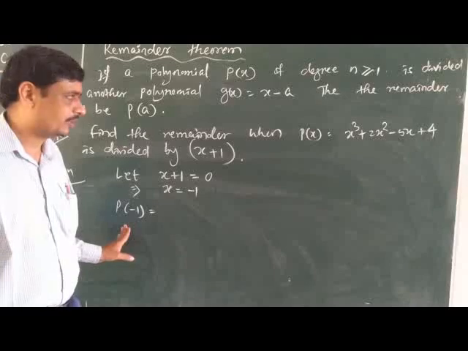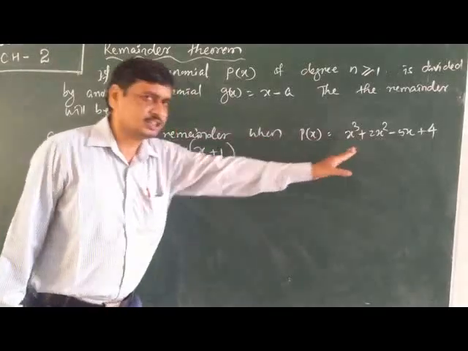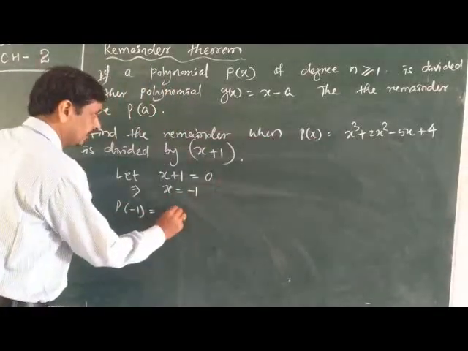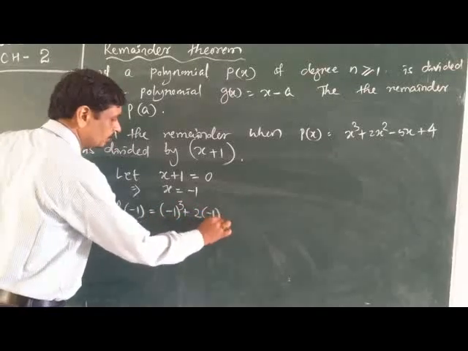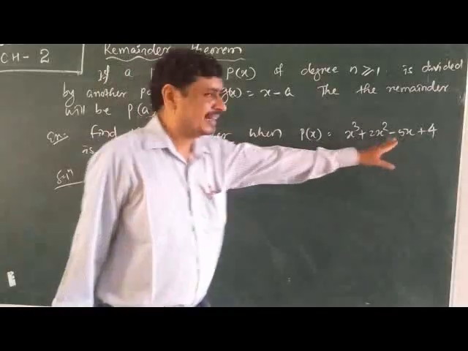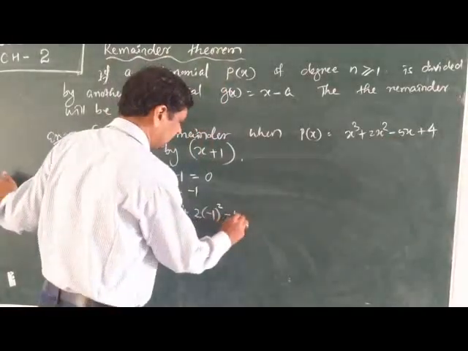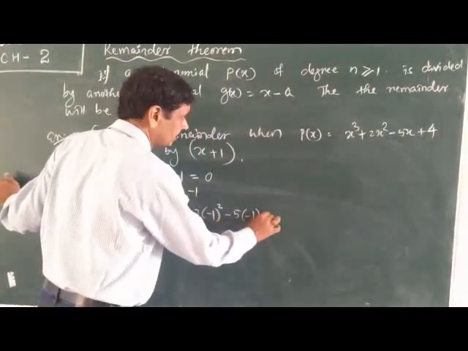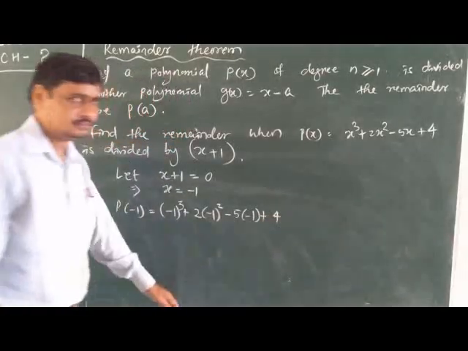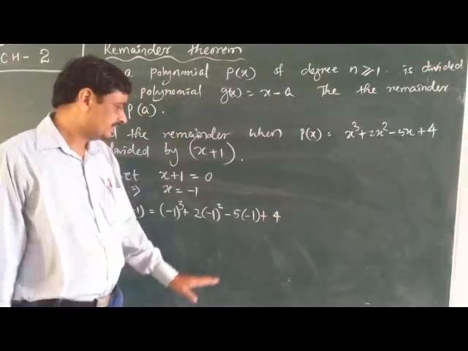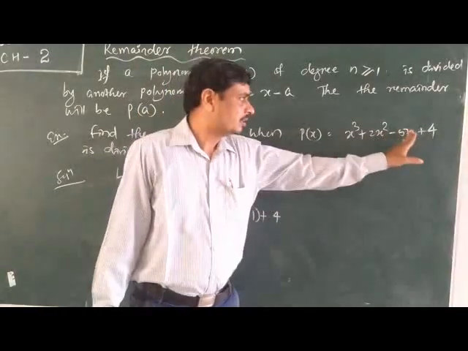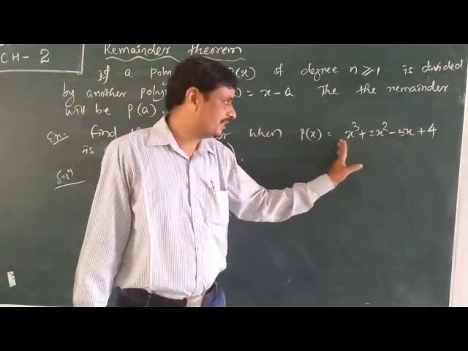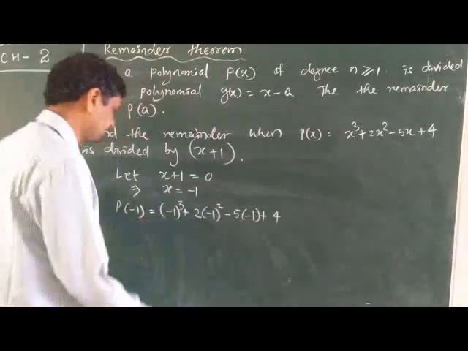The polynomial with minus 1 is minus 1 whole cube plus 2 into minus 1 whole square minus 5 into minus 1 plus 4. Now this minus 1 is substituted for the x present in the polynomial.